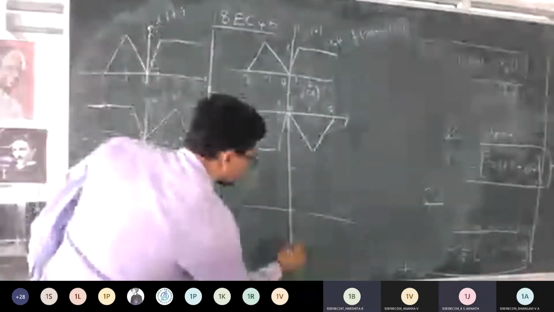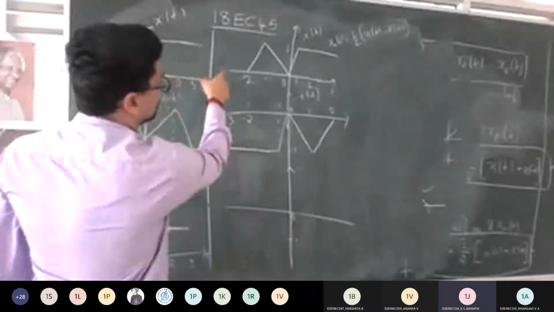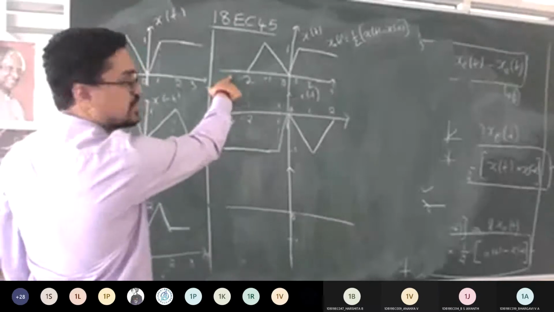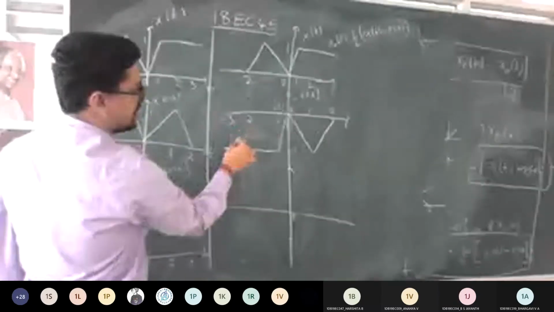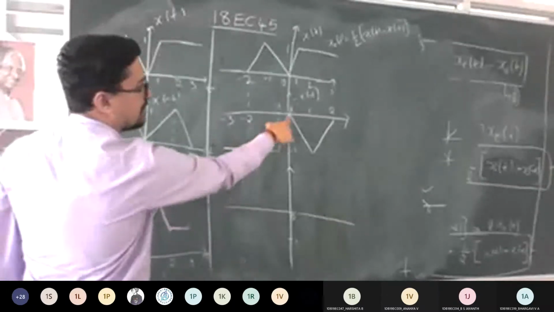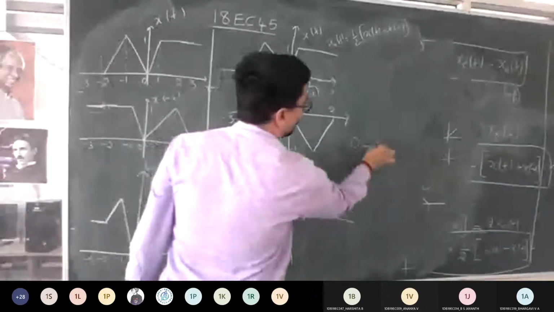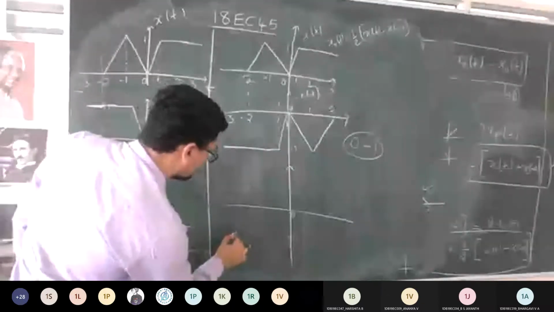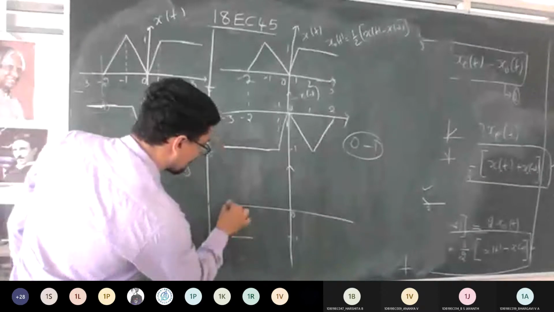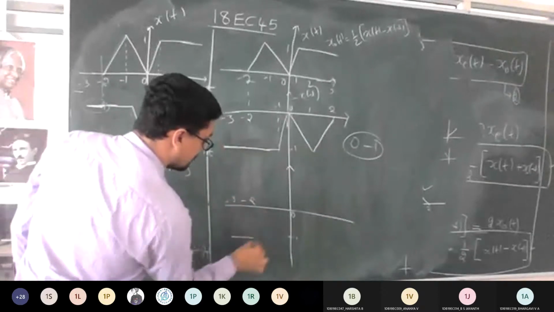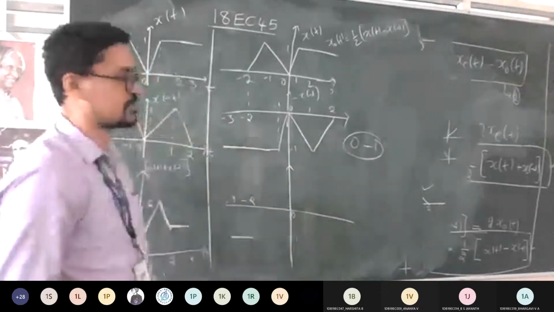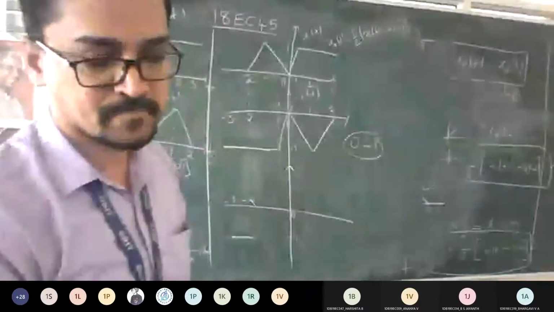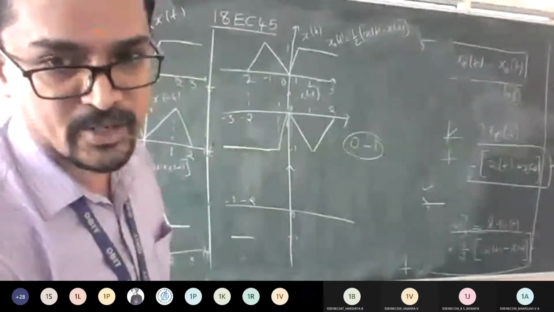Good. So minus 1 is here. So here to here there is no signal, but here to here there is a signal of constant amplitude minus 1. So it is like 0 plus minus 1, nothing but minus 1. So from here to here you can retain the position. From minus 3 to minus 1, it is at this position. Understood? Understood or not?